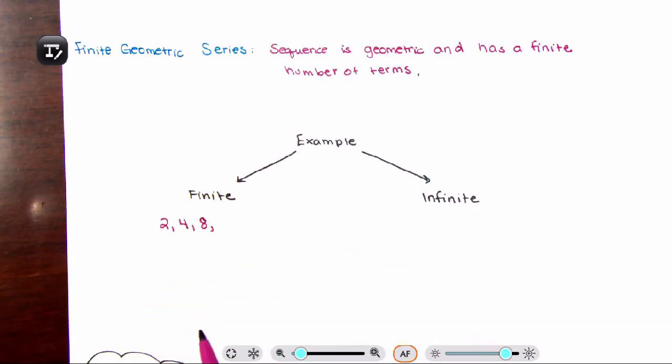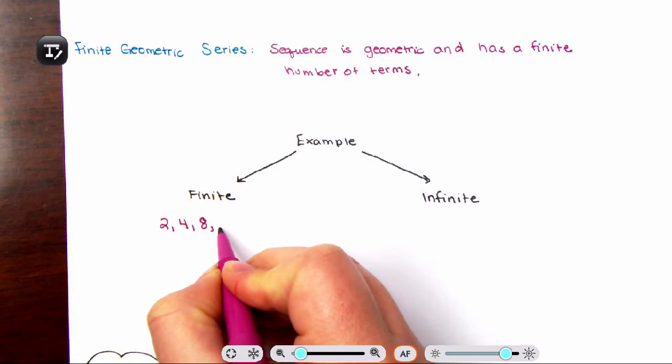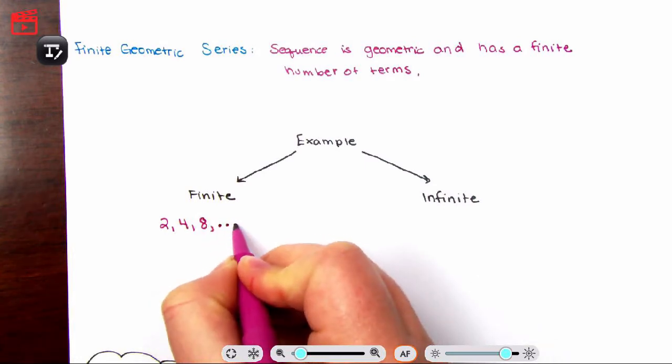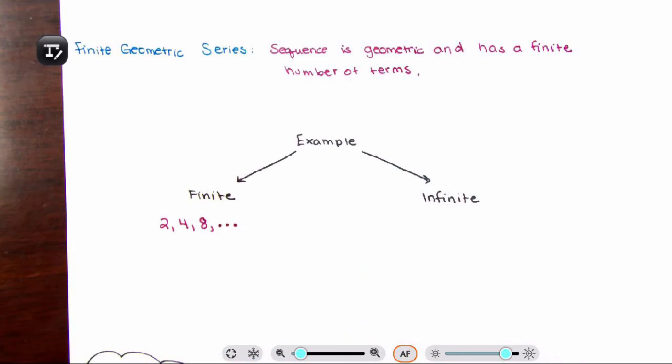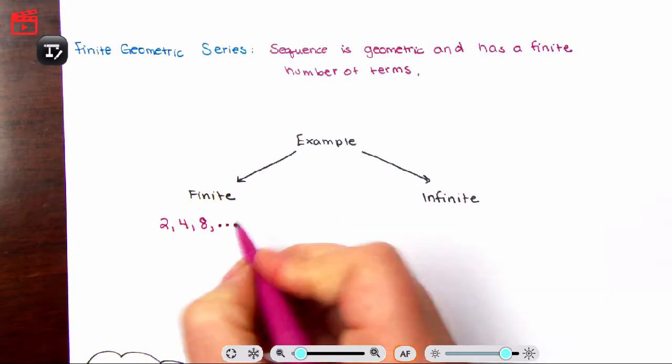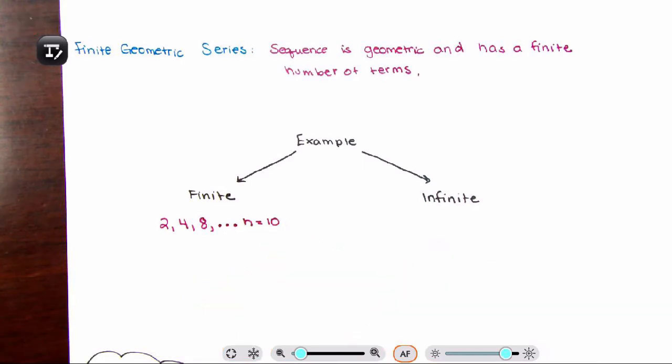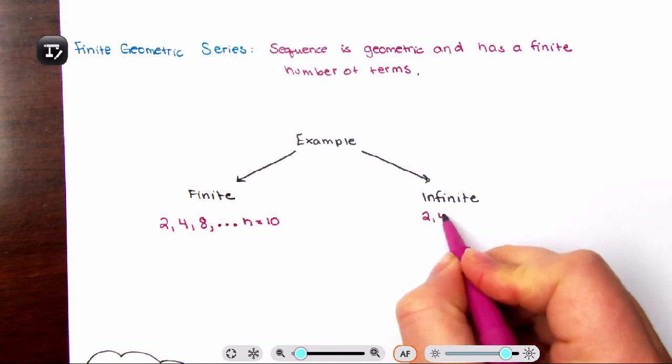A finite will look like it can definitely have 3 dots. However, they have to tell you when it ends. For example, n is equal to 10. That means that the last term is in the 10th position. There are no other terms after the 10th position. The pattern stops.